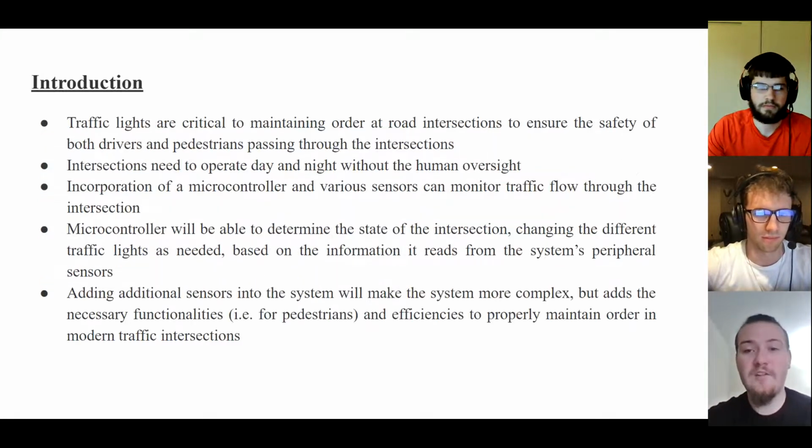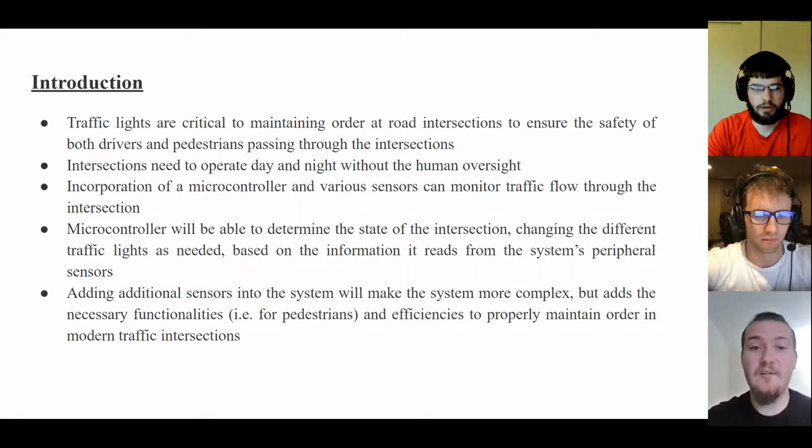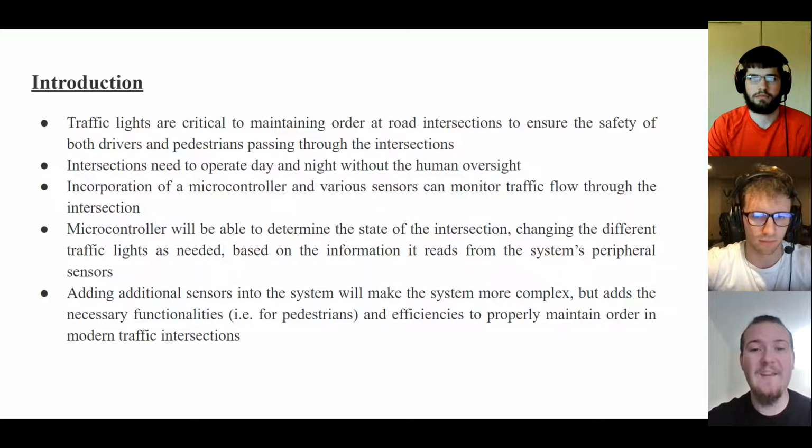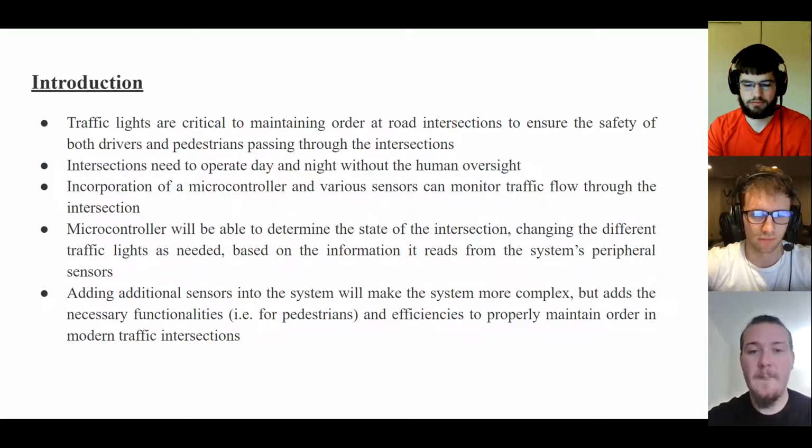For the introduction into our project, traffic lights are critical to maintaining order at road intersections to ensure the safety of both the drivers and the pedestrians going through those intersections. Intersections are also needed to operate during the day and the night without any human oversight or interaction. The incorporation of microcontrollers and various sensors can monitor the traffic flow through the intersection.